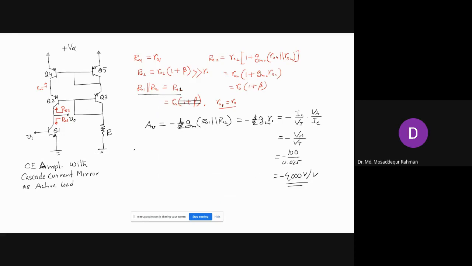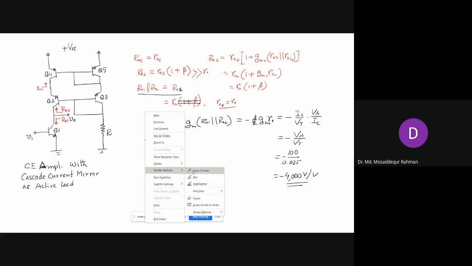So in this case, the output resistance of Q1 is much lower than the output resistance of the cascode current mirror. So the gain of the amplifier is mostly determined by the output resistance of Q1. Now, if you can increase the output resistance, it is possible to achieve even higher gain.